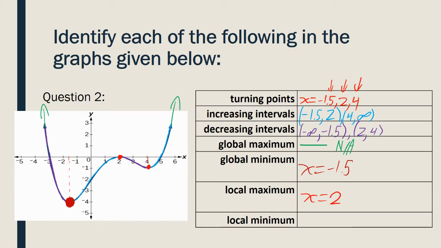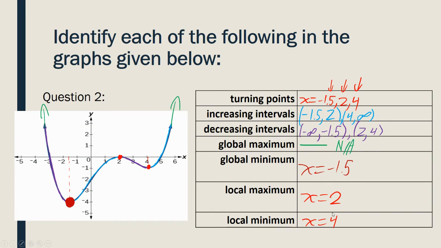The other valley that I have, besides my absolute valley, my global minimum, the other local minimum I have is at x equals 4. So notice, here's -1.5, here's positive 2, here's 4. Each of those turning points found a place in my global and local maximums and minimums. And those are all the characteristics that I wanted to find pertaining to this graph, this function.